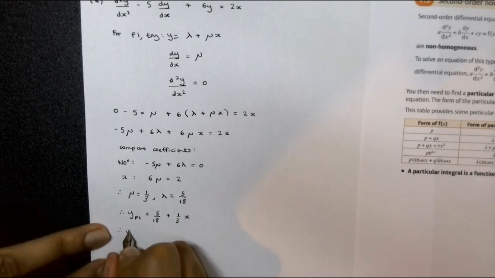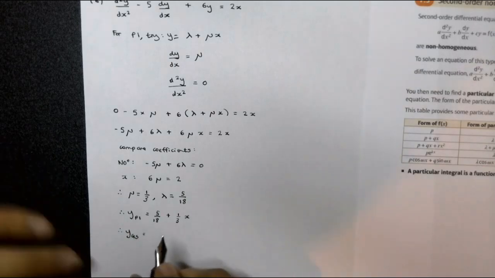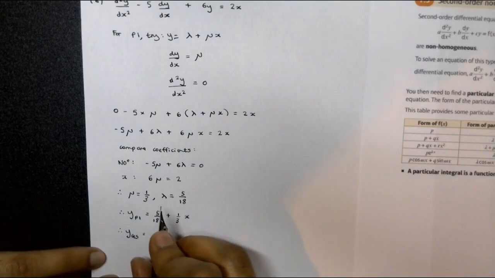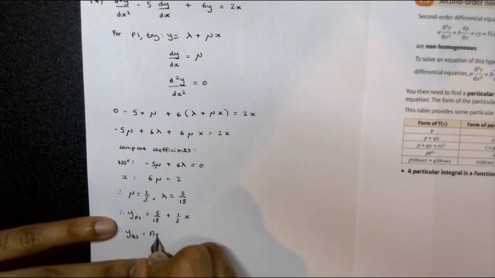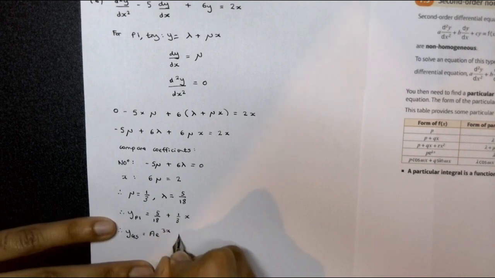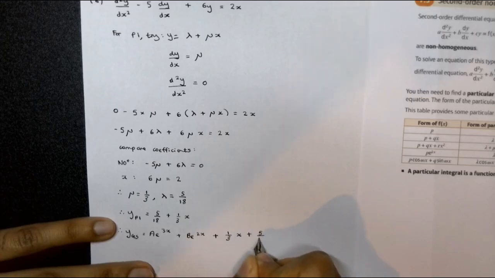And therefore for our general solution, that's equal to the sum of the complementary function, which is a e to the 3x plus b e to the 2x plus the particular integral. So we add on 1/3 x plus 5/18.